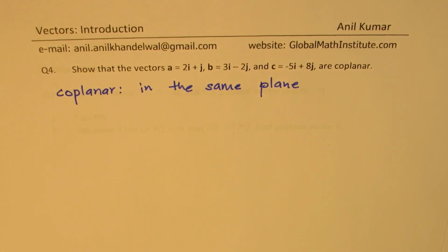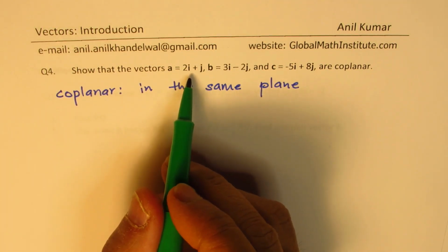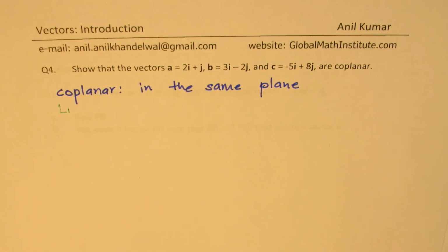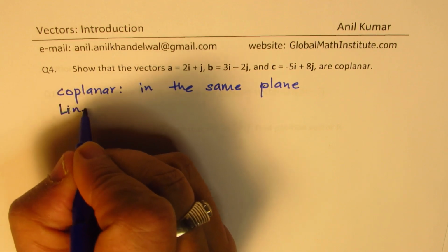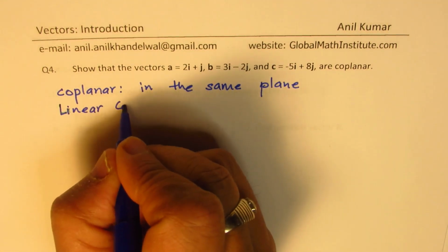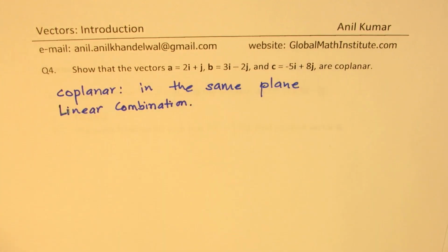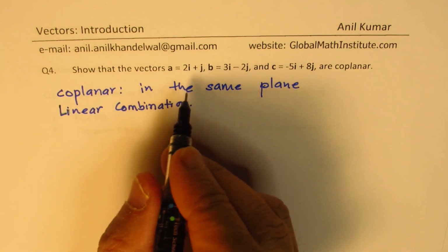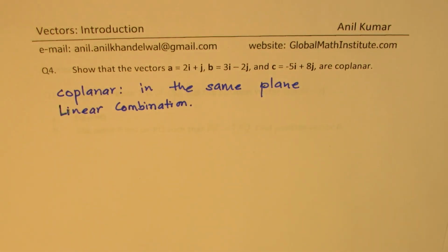If these vectors are coplanar, then we could have a linear combination of these vectors. Linear combination means that we could multiply them by some constants.